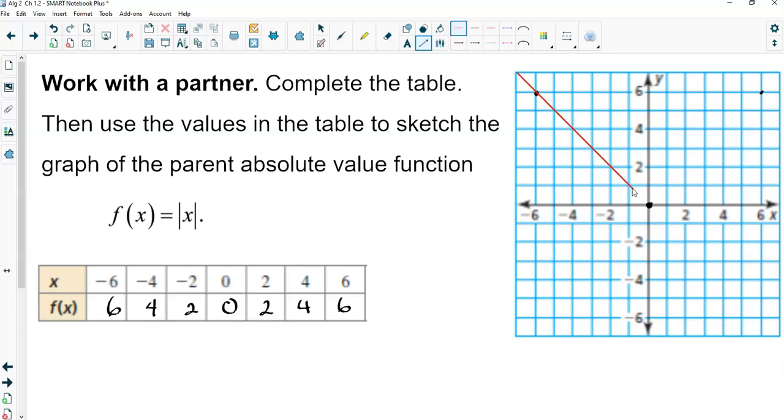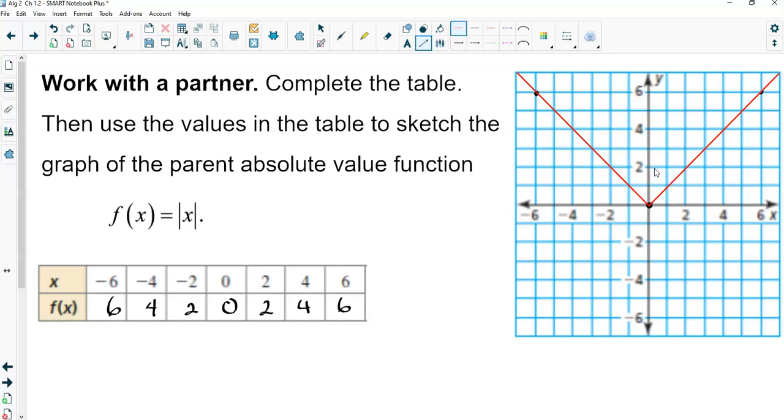Notice it goes from corner to corner to the origin, and then from there it stays on the positive side. Notice the domain would be all real numbers, and the range goes from 0 up to infinity. So basically it includes that 0 and it goes up, nothing in the negative side. Okay, and that's what the graph would look like.